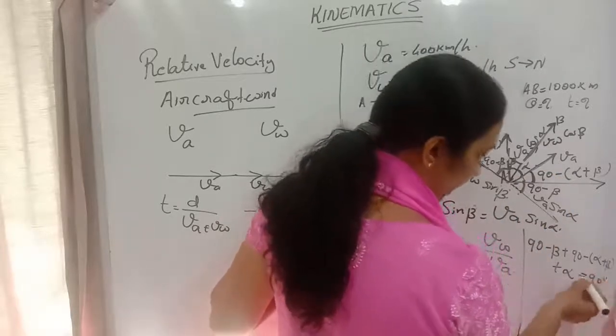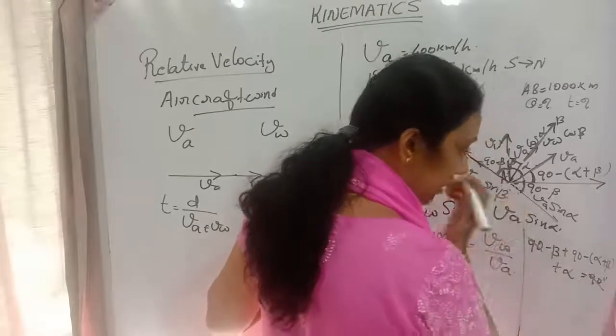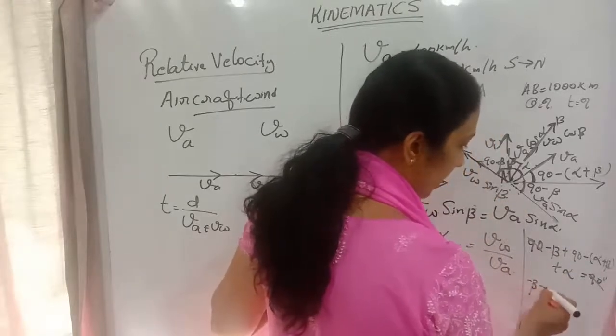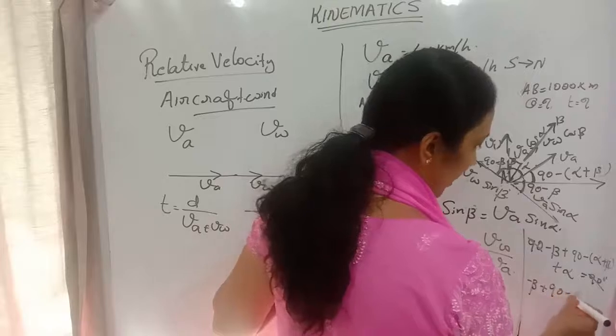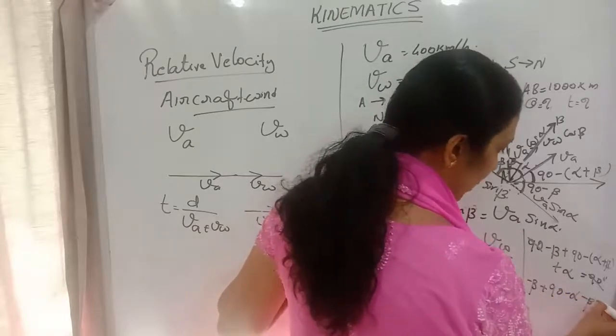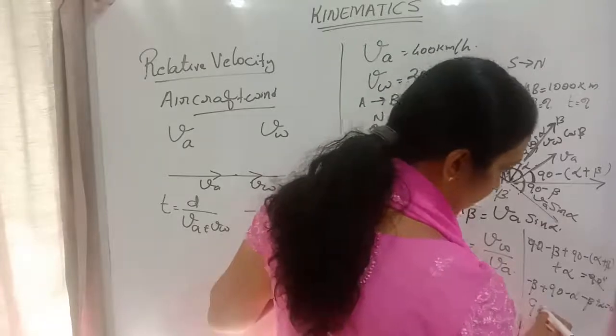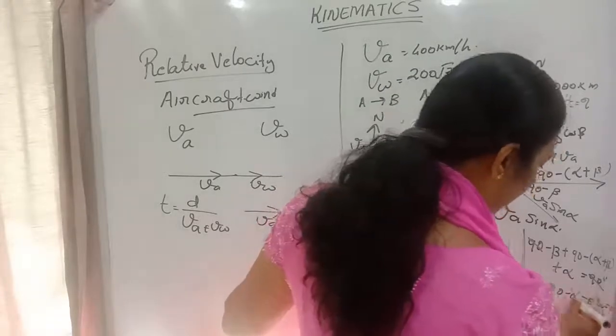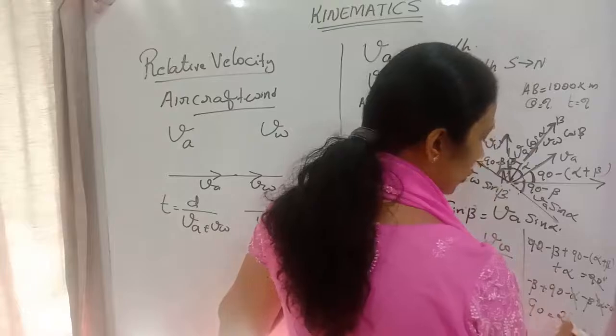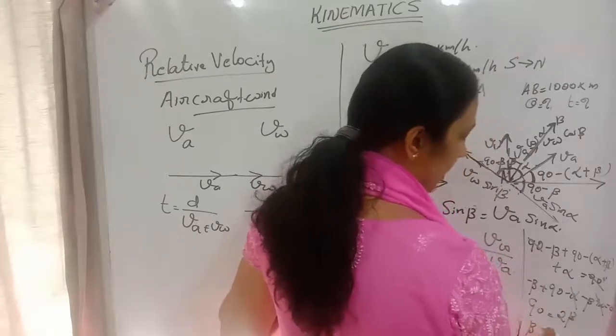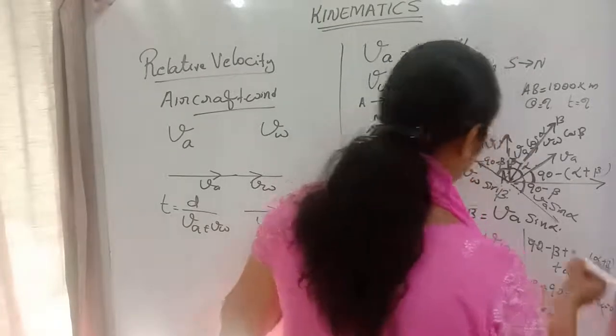So I can cancel 90 degree. Here I'll get minus beta plus 90 minus alpha minus beta plus alpha equals 0. Therefore 90 equals 2 beta, as alpha minus alpha will get cancelled. Therefore beta I got as 45 degree.